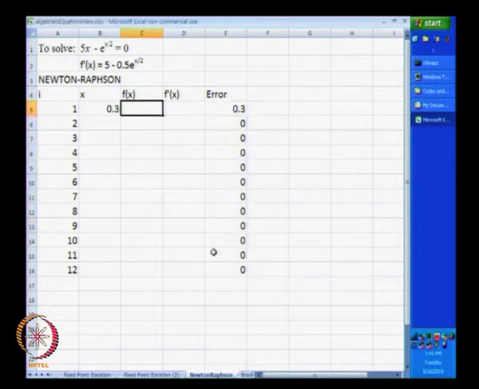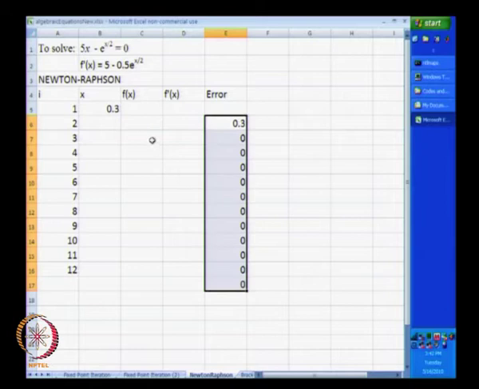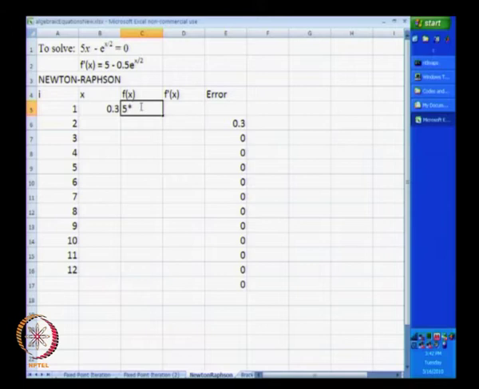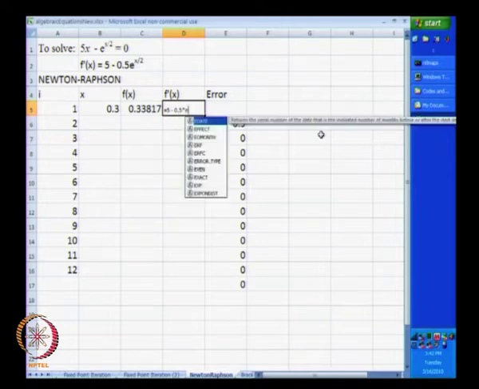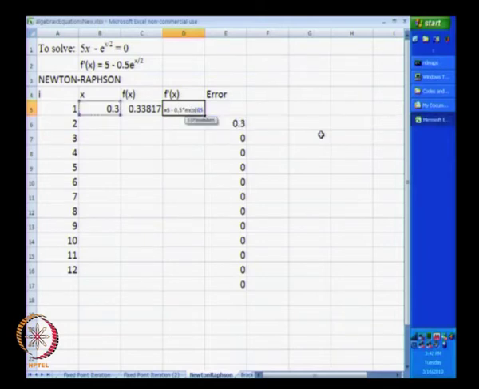Our f of x is going to be equal to 5 multiplied by x minus exponential of x divided by 2. That is what our f of x is going to be. Our f dash of x is going to be equal to 5 minus 0.5 into exp of x by 2.